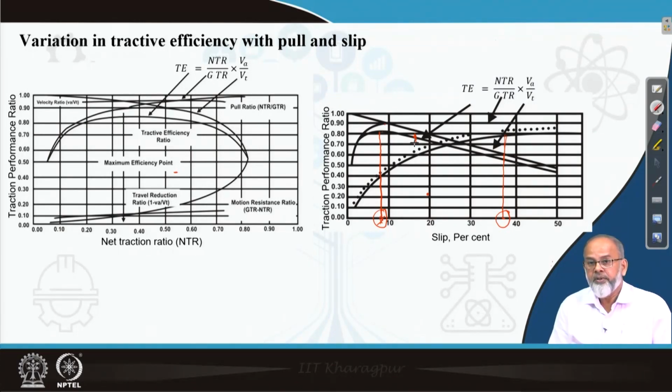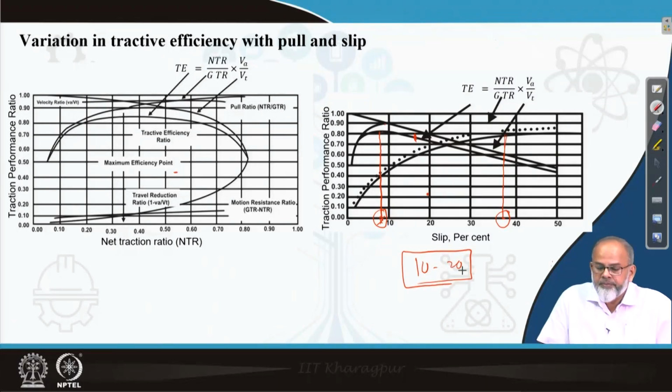So depending on the soil condition, you have to decide whether the slip is to be maintained at 10%, 20% or 30%. But usually we never recommend 30%. We say that the slip should be between 10 to 20% for all conditions, so that the maximum compromise is possible between tractive efficiency and coefficient of traction.